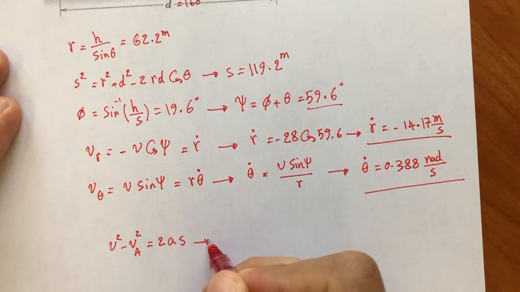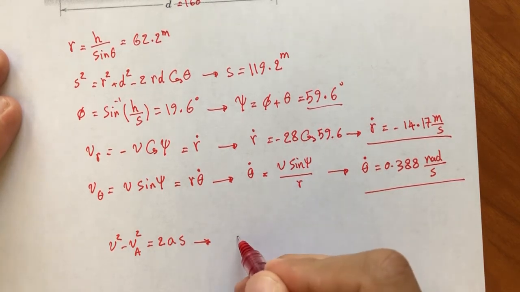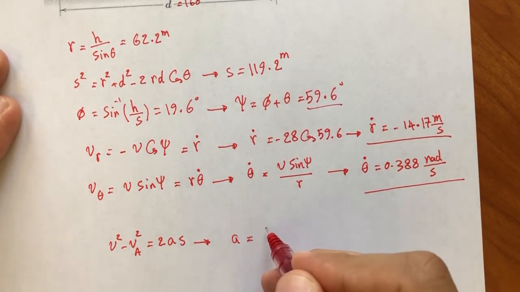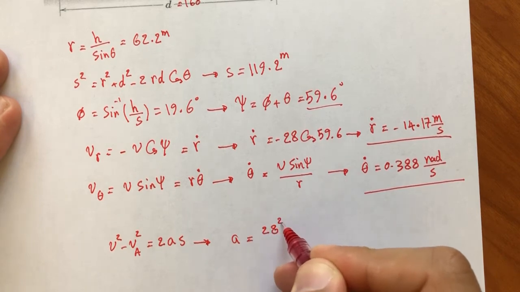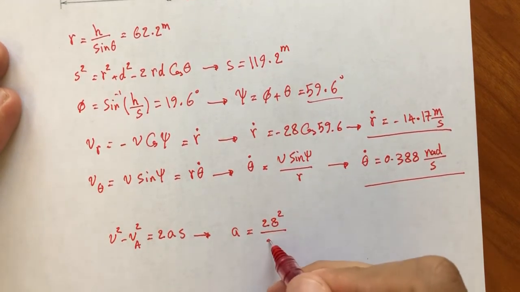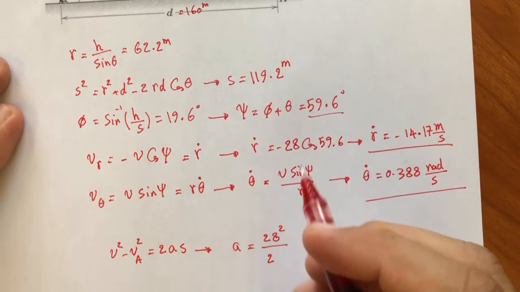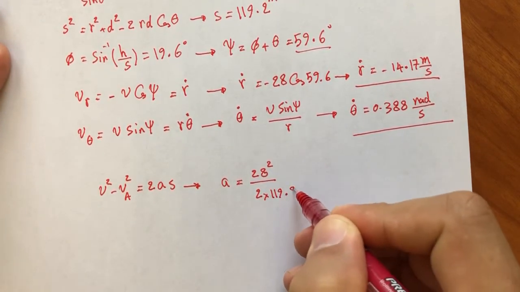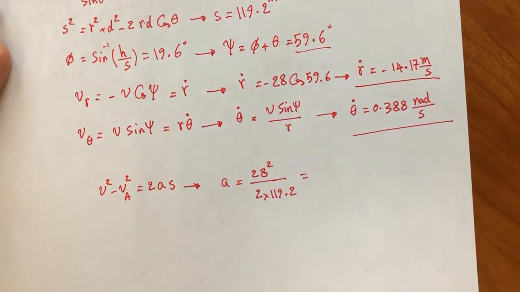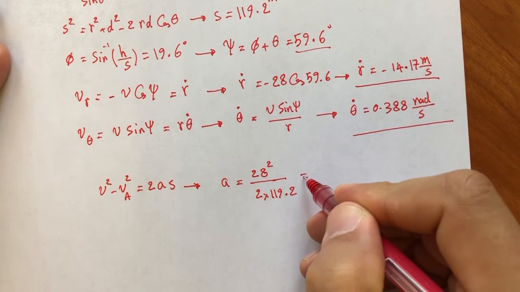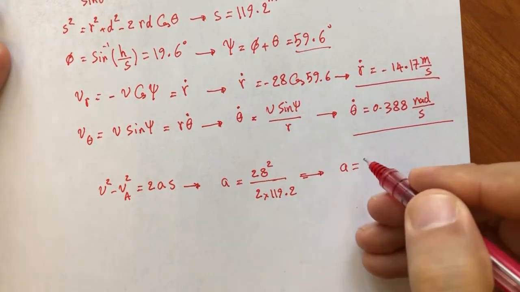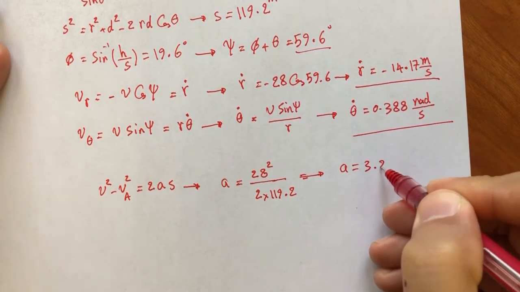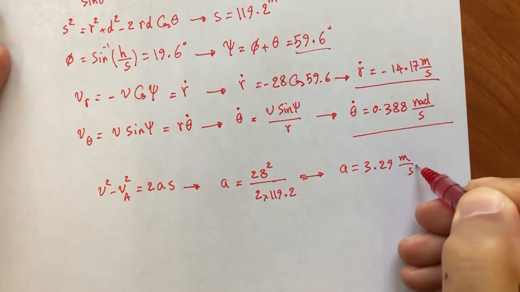And from here, acceleration is going to be equal to velocity squared, which is 28, divided by 2 times s, which we found here, 2 times 119.2, which is going to be equal to 3.29 meter per second square.